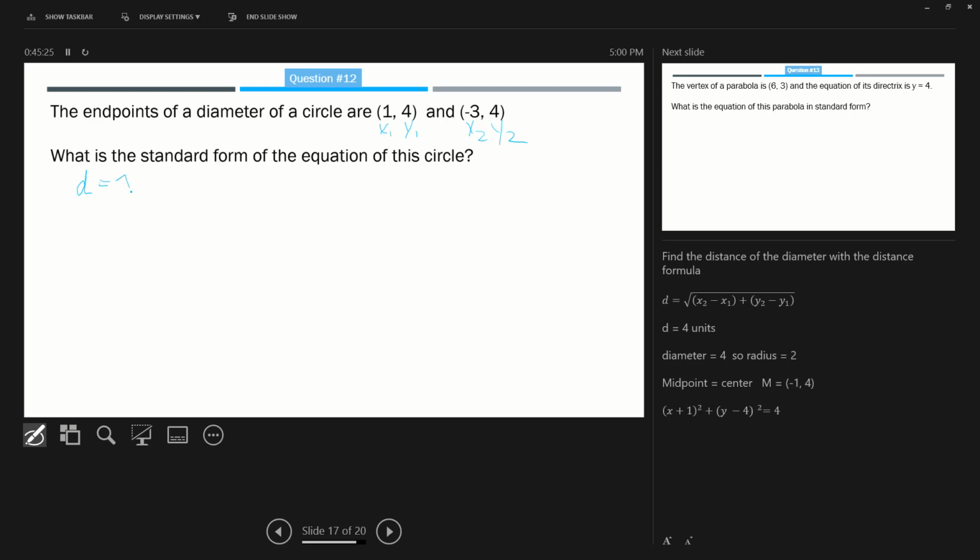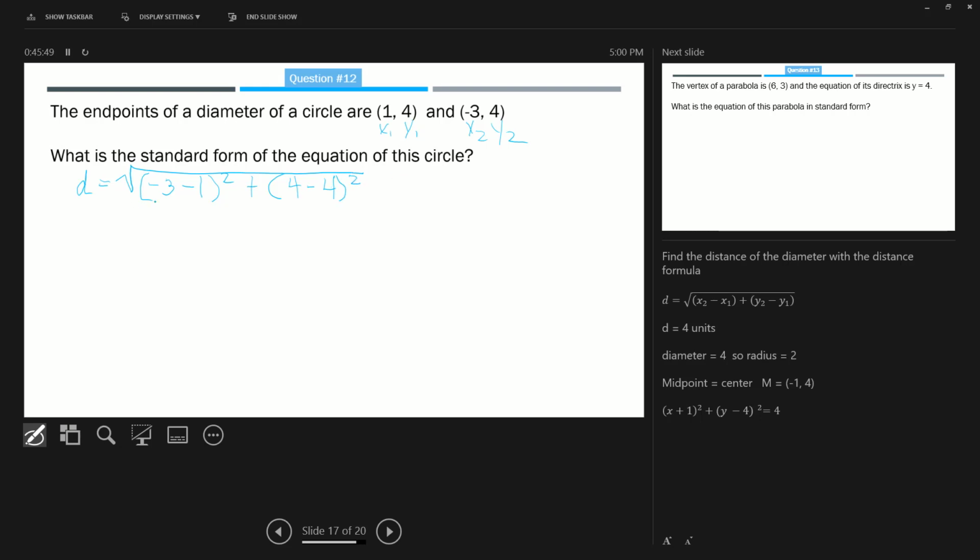So the distance equals the square root of x sub 2, which is negative 3, minus x sub 1, minus 1, squared, plus y sub 2, which is 4, minus y sub 1, and that's 4, squared.